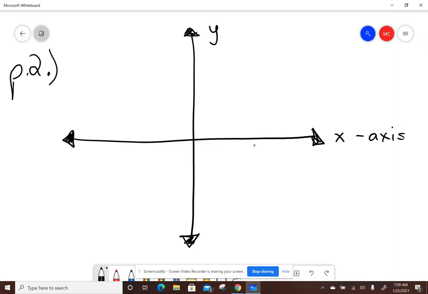And then drawing the y-axis. And we know that's the y because it goes down like a y goes down, okay? So you have your x-axis and your y-axis, and together they form the coordinate plane. Where they intersect is the point 0, 0, and we call that the origin.